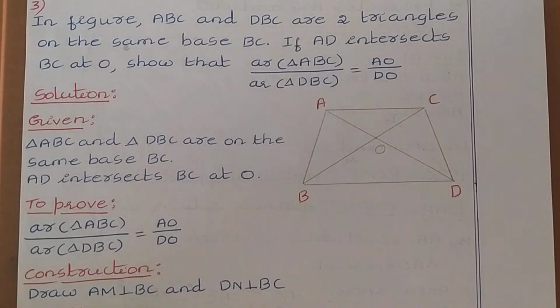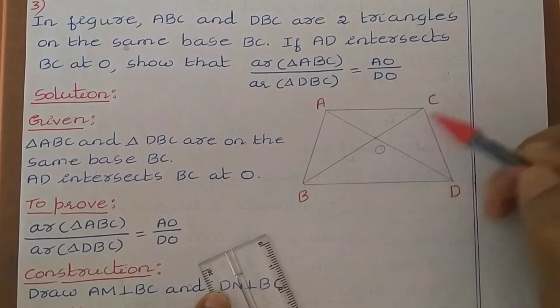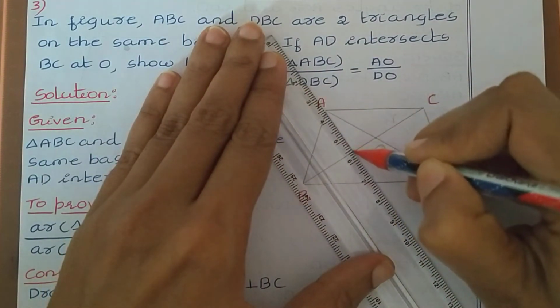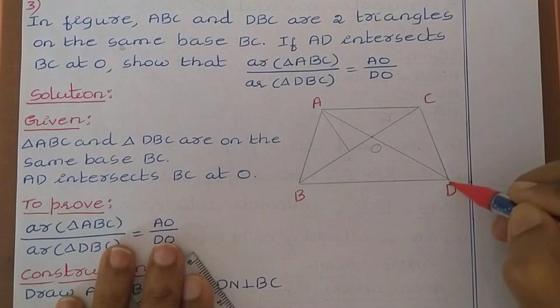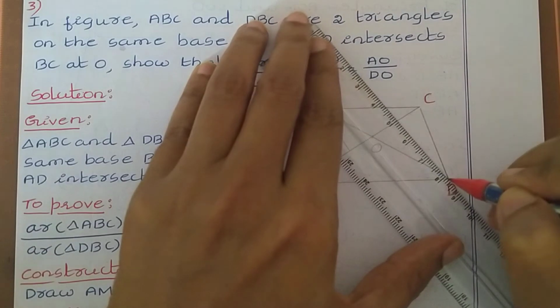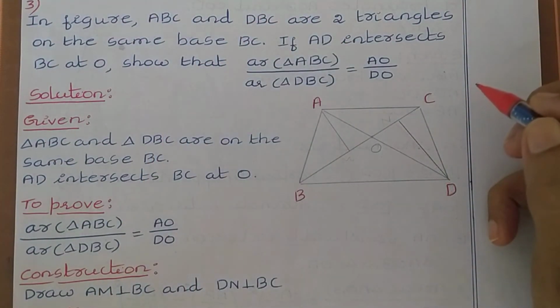To prove this one, we have to make some changes in the diagram. Let us see what changes we have to do. See, first here we have this point A. From this point A to this side BC, I will draw one perpendicular. Similarly, from this point D to BC side, I am drawing one perpendicular.